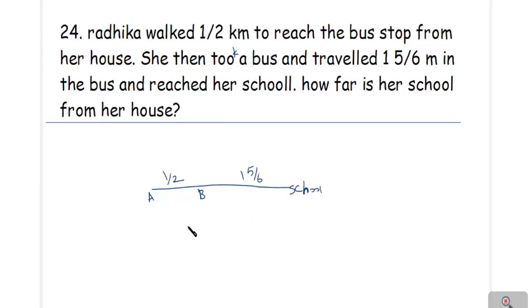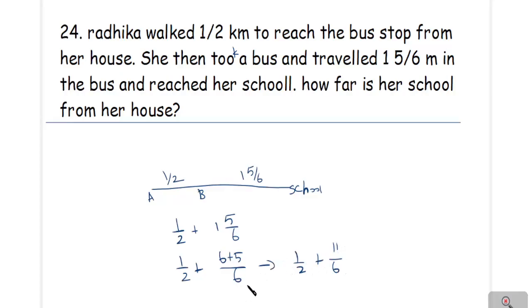So what is the total distance she traveled? To find the total distance, you just have to add 1/2 plus 1 5/6. So 1/2 plus (6 into 1 plus 5)/6. Mixed fraction to normal fraction. This gives 1/2 plus 11/6.